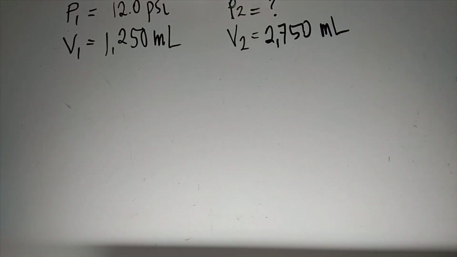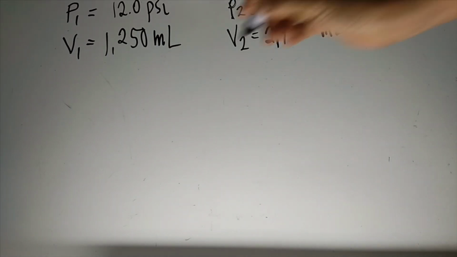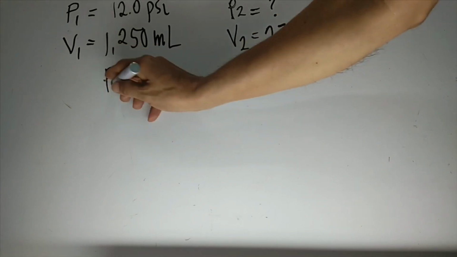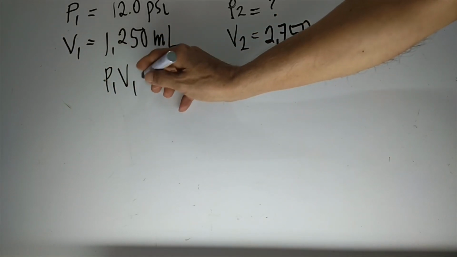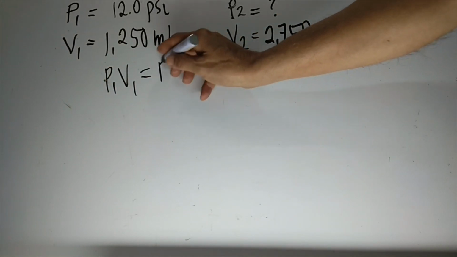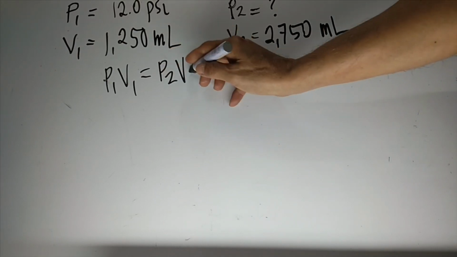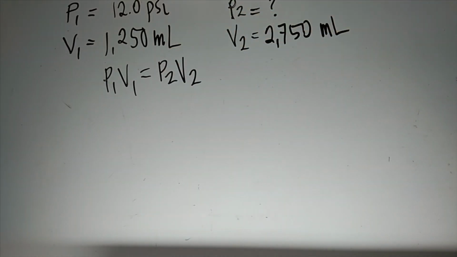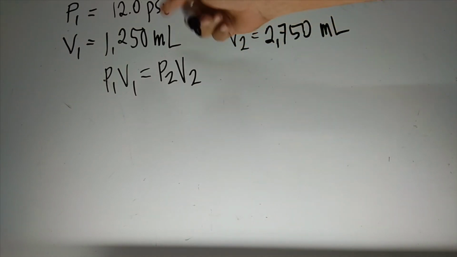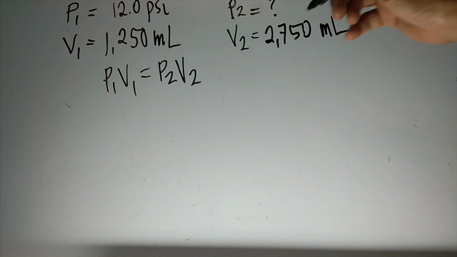Writing the formula for Boyle's Law, P1 V1 is equal to P2 V2. And then substitute all the given information to the formula.